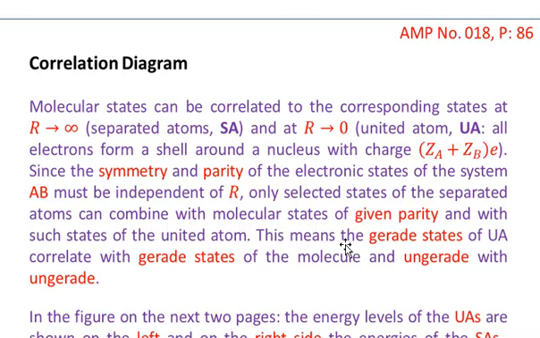That is, the gerade states of the united atoms correlate with the gerade states of the molecule, and also the ungerade states of the united atoms will correlate with the ungerade states of the molecule.